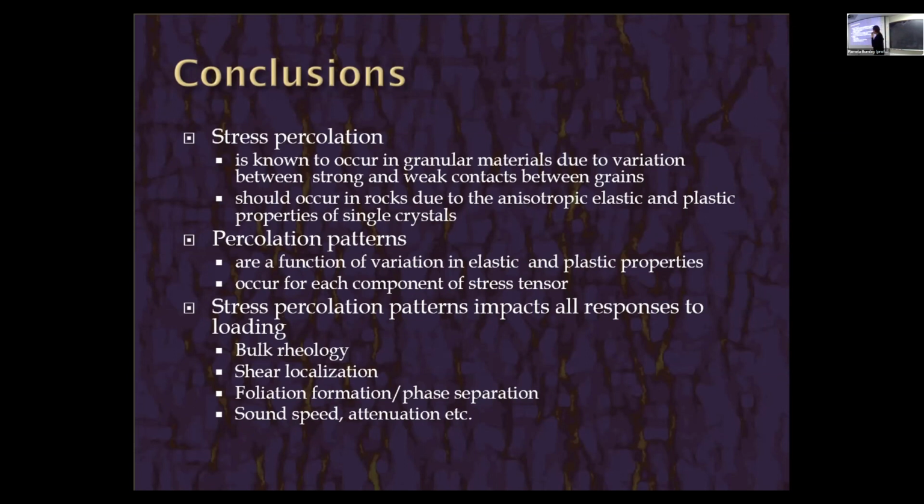It impacts the bulk rheology, shear localization, perhaps phase separation, foliation formation, and sound speed and attenuation may also be impacted by the distribution of the stresses, as my friends demonstrated in their resonant ultrasound paper. So I think that's it.